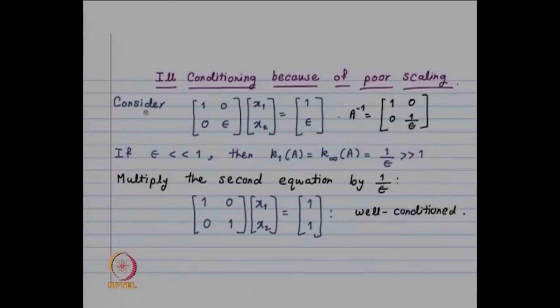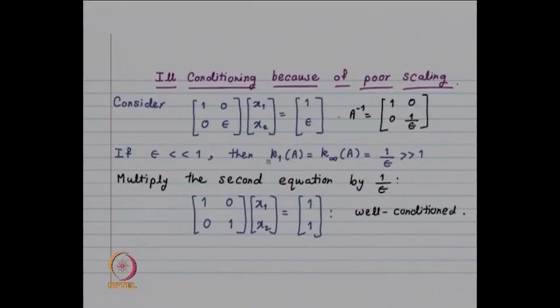When I consider norm A, it is going to be equal to 1, because epsilon is much smaller than 1; comparing 1 and mod epsilon, take epsilon bigger than 0. So, norm A will be 1, whereas norm A inverse will be 1 by epsilon. That will give you condition number of A with respect to either 1 norm or infinity norm to be 1 by epsilon, which is going to be big, because you can choose epsilon to be small and then 1 by epsilon will become big.